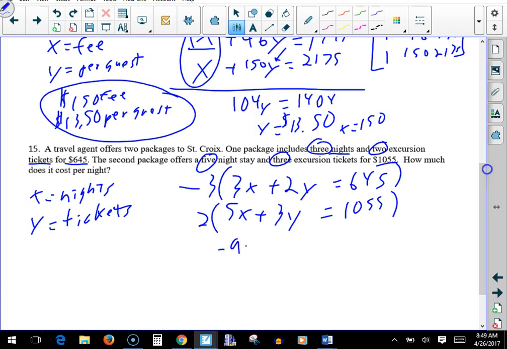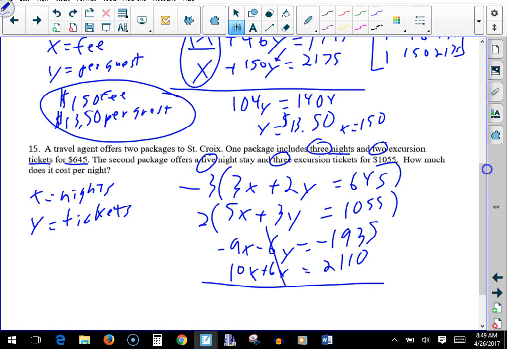So you get -9x minus 6y equals -1935. And then you get 10x plus 6y, which cancels, equals 2110. This one works out nicely because 10 minus 9, I get right to x equals 175.